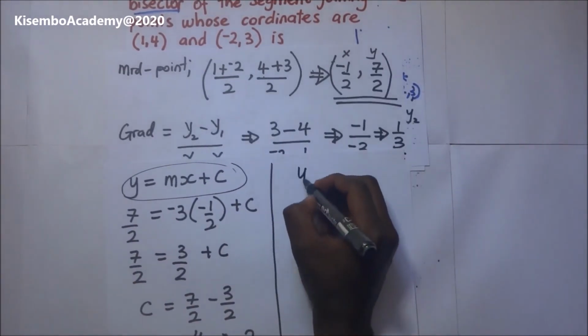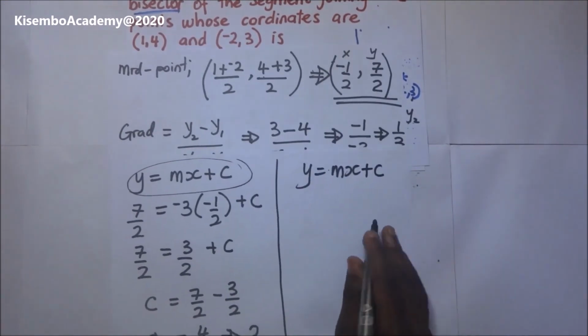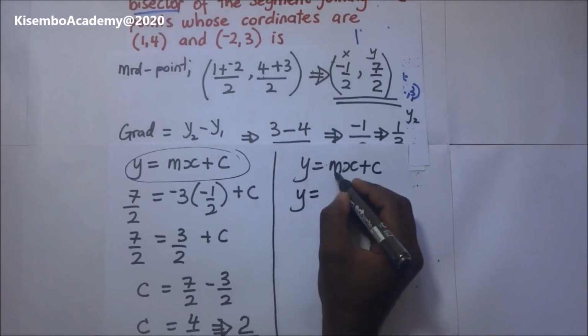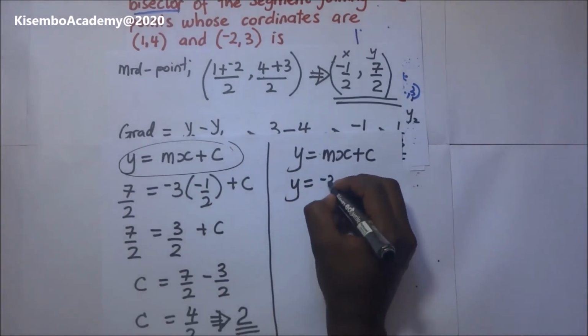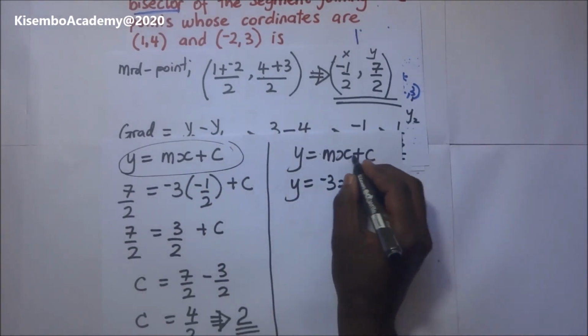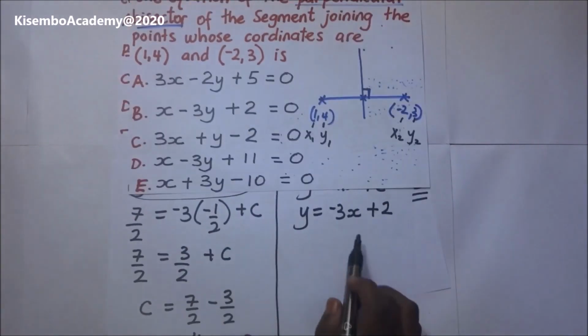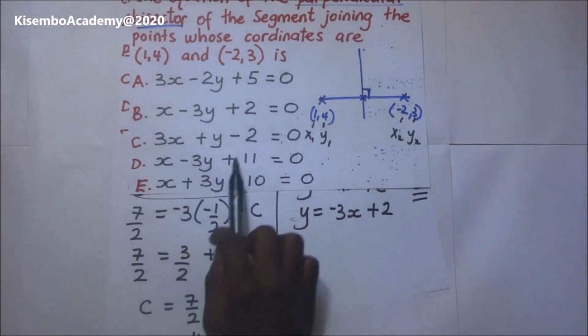So from y is equal to mx plus c, our value of y is going to be equal to the gradient m, which we got as negative 3, so it's negative 3x plus c. Our value of c is 2, so it's plus 2. We rearrange this equation so that it's equal to 0, so that we see which of these equations is here.